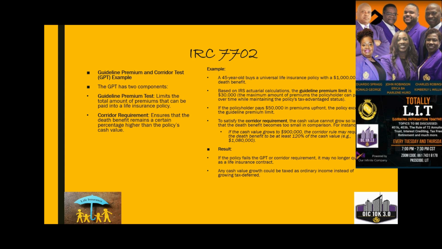But here, with this insurance policy in this example, with a $1 million death benefit, based on the IRS calculations the guideline premium limit is $30,000. This is the maximum amount of premiums that the policyholder can pay over time while maintaining the policy's tax advantage status. So each year, this individual is able to save $30,000.